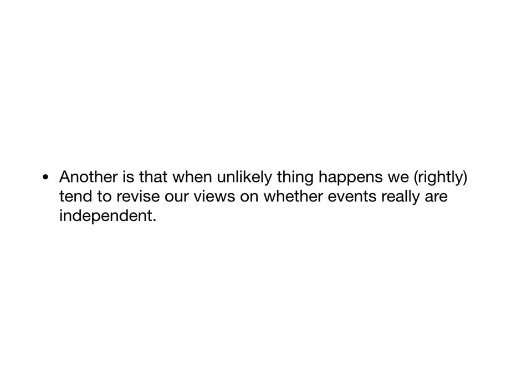Another is, when something unlikely happens, we rightly tend to revise our views about whether events really are independent. If a roulette wheel stops on black 10 times in a row, you're probably going to rightly think that the casino is cheating, right? There's ways to do this, like I think the biggest one is just a magnet under the wheel that will stop it at a certain point.